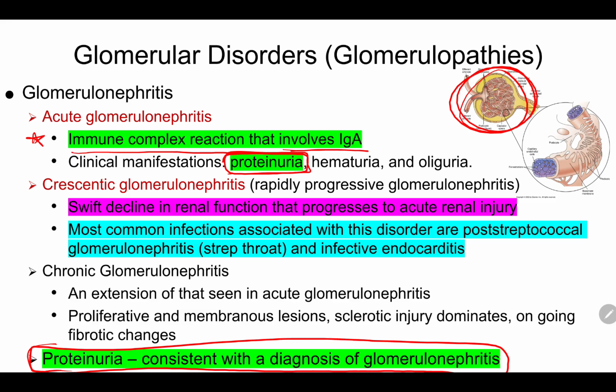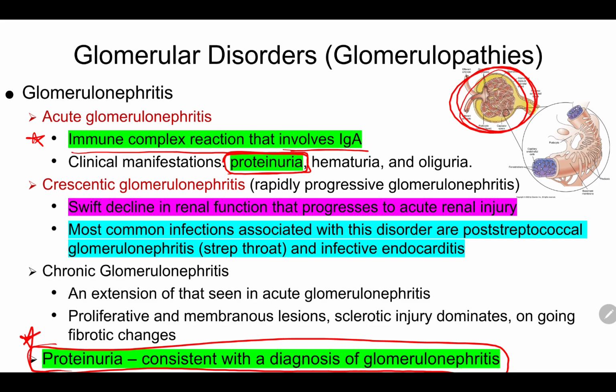They're just simply too large. That basement membrane is negatively charged, so it will repel those negatively charged proteins as well. However, when that glomerulus is inflamed, under certain conditions like glomerulonephritis, acute or chronic, you're going to find proteins getting passed through in that filtrate, and then you're going to find that in your urine. So that's why proteinuria is going to be a constant diagnosis with glomerulonephritis. Okay.